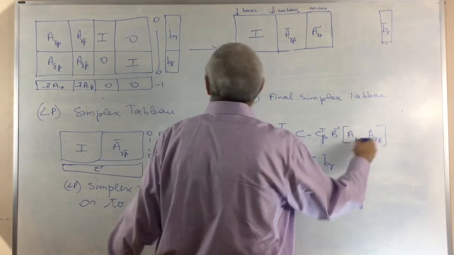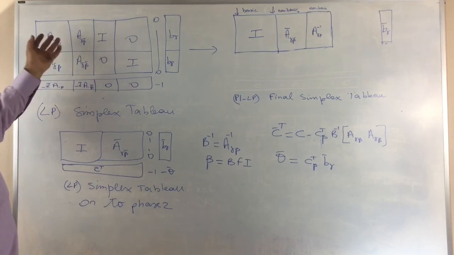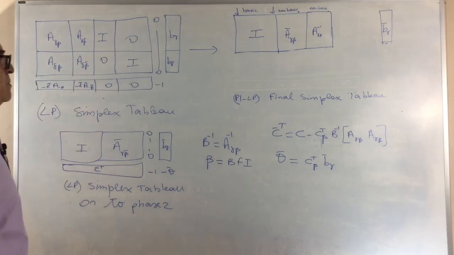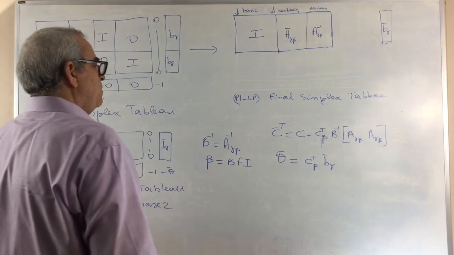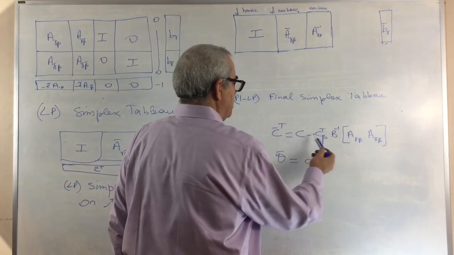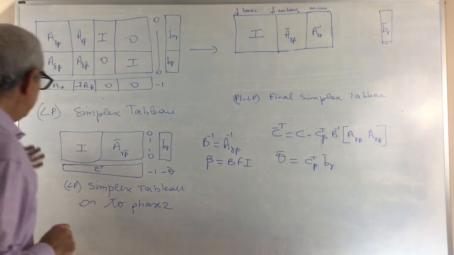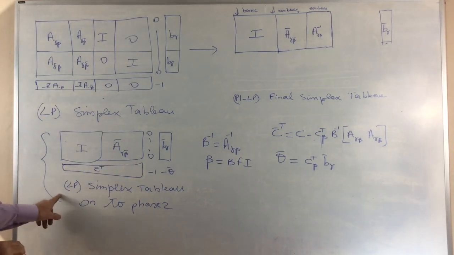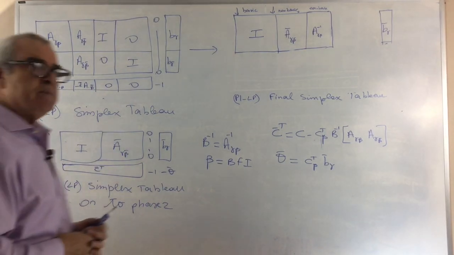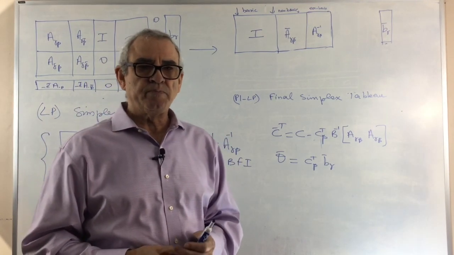It depends which order they were in initially, because remember here I kind of did a permutation of the columns, so we need to be careful with that. Okay, careful with the original C and mixing it with the rearrangement of these columns. But basically, here we have come up with a simplex tableau for our original LP. And that ends the discussion on phase 1.